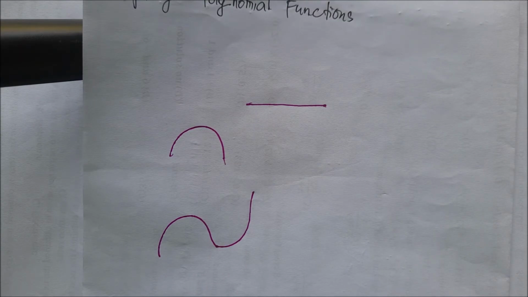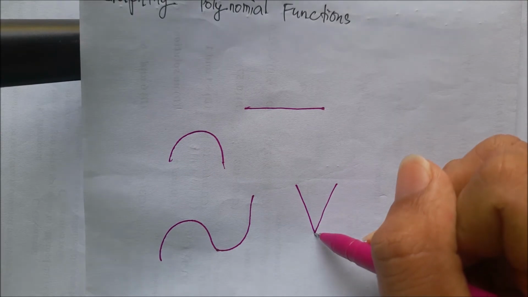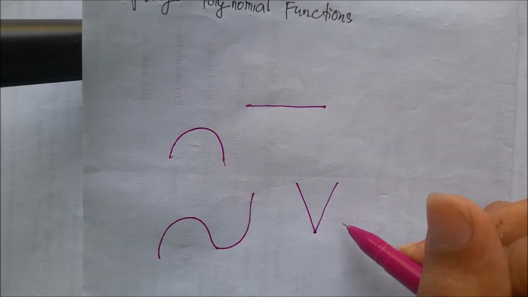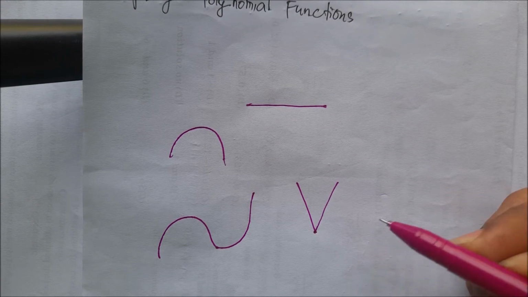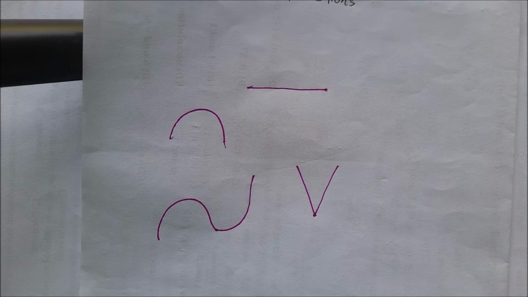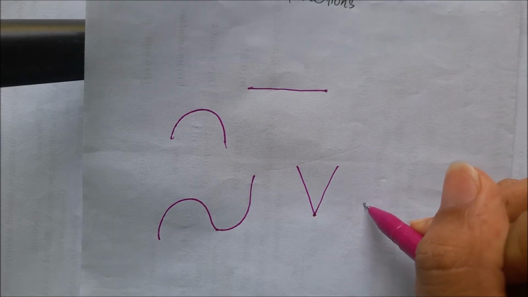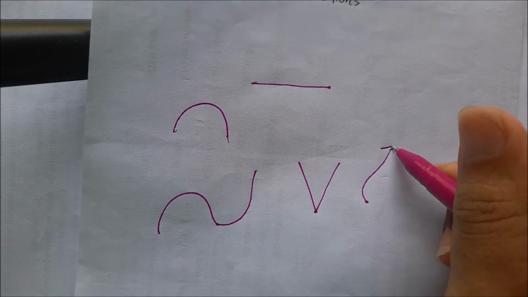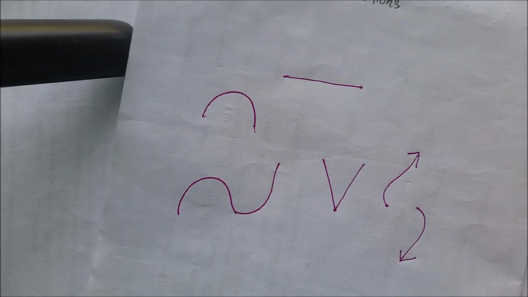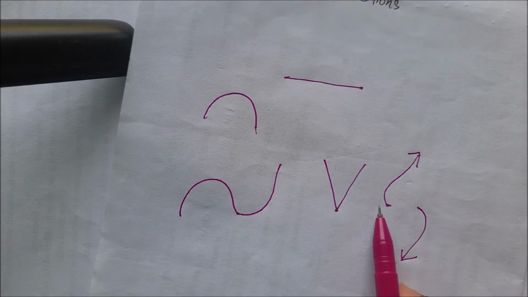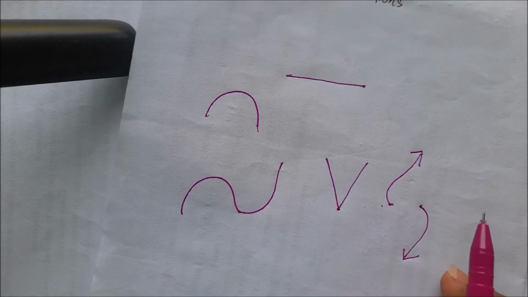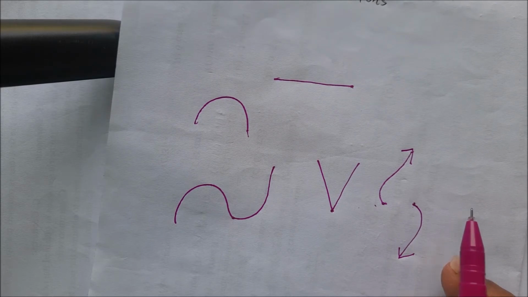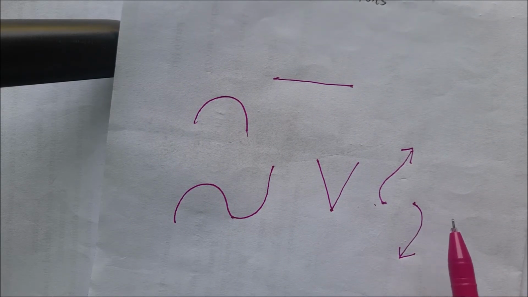If there is a corner like this, it is not a graph of a polynomial function. And if there is a sharp point or a break like this one, or holes or a gap, the graph is not called a polynomial function. Remember and take note.